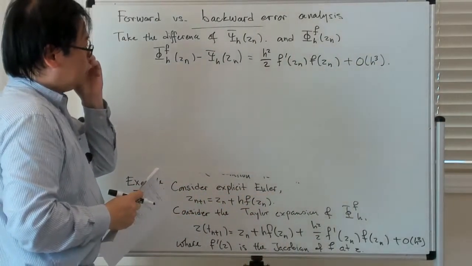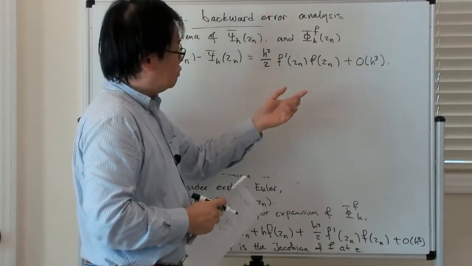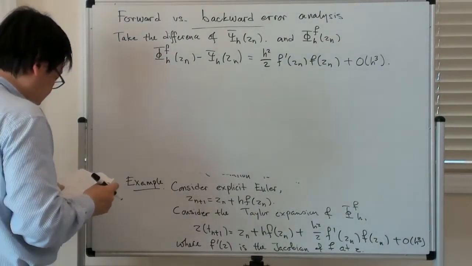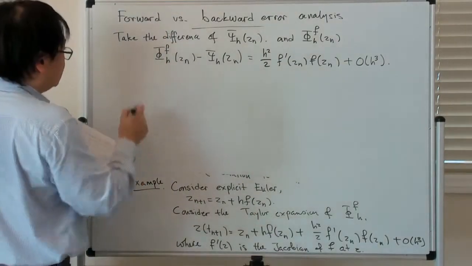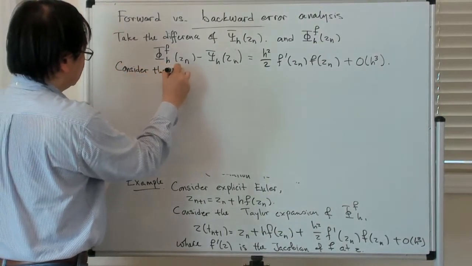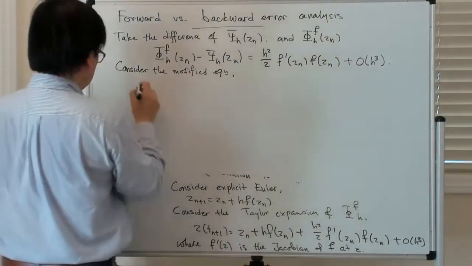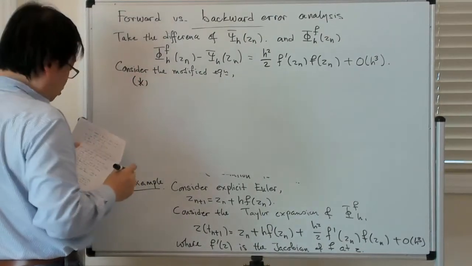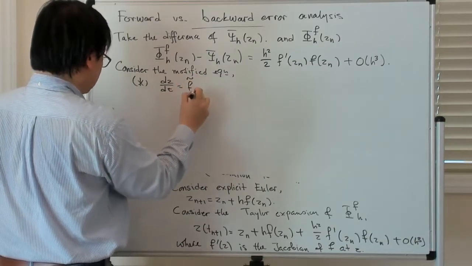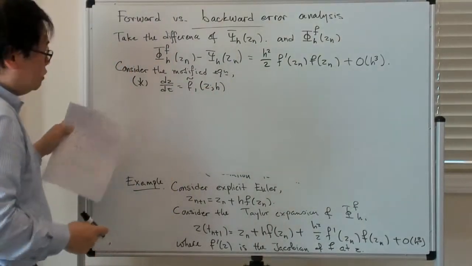So the intuition, if you will, is that you want to put this term in some way and use it to modify the vector field. So let's consider the following modified equation, which I'm going to label by star: dz/dt is equal to f tilde 1 of z, and it depends on h now.